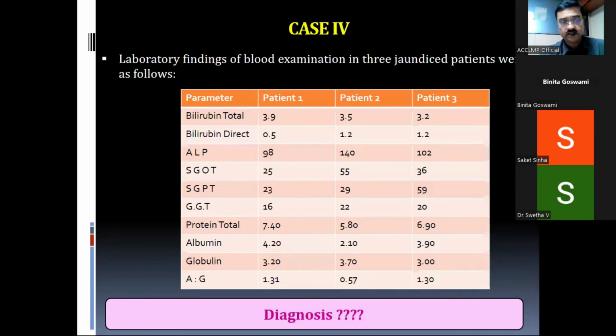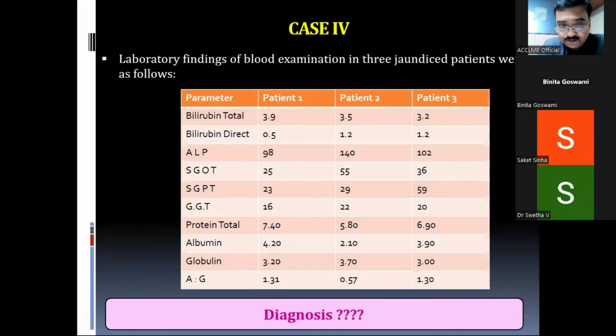Can anybody please give an answer for these three? So there are three different clinical scenarios. Case one could be non-liver, pre-hepatic or hemolytic.